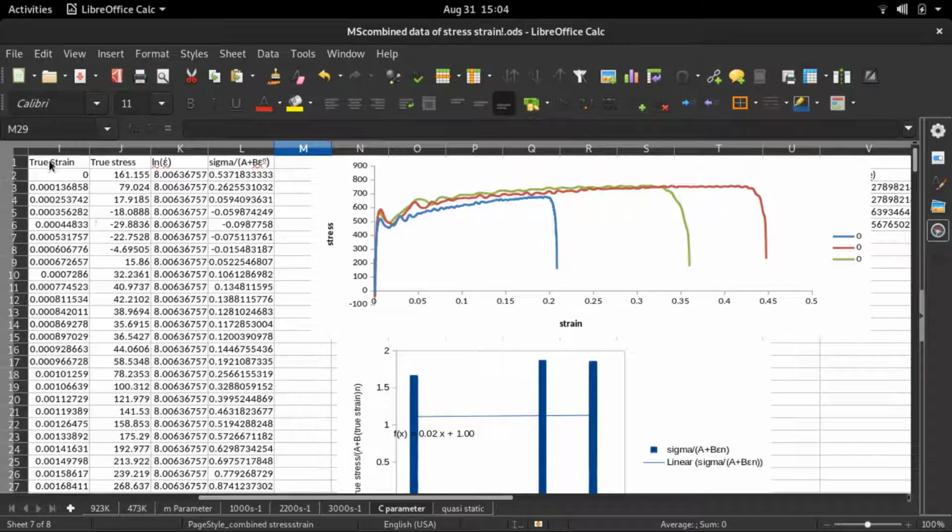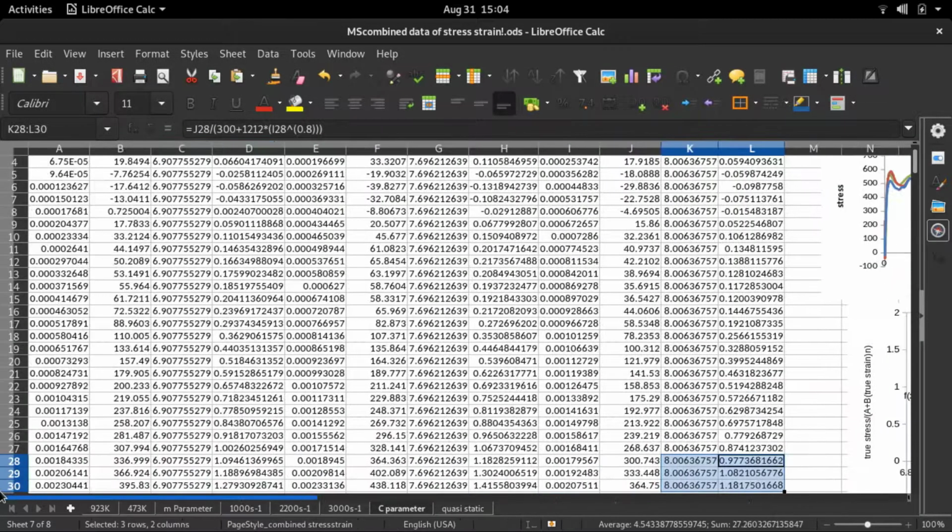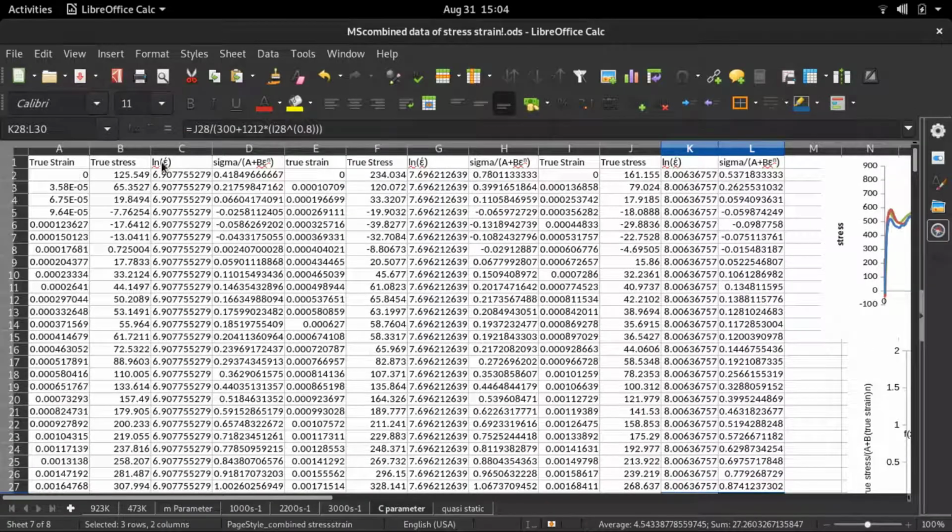You have the true stress versus true strain graph at different strain rates. The first strain rate was 1000. For that we found the true strain versus true stress values by using an impact machine, in which we can get the high strain rate graph. You can also use the split Hopkinson bar.